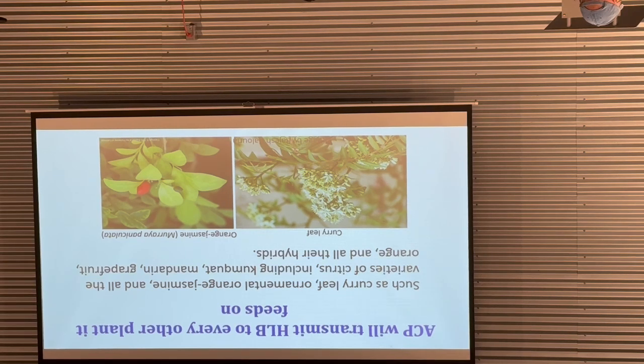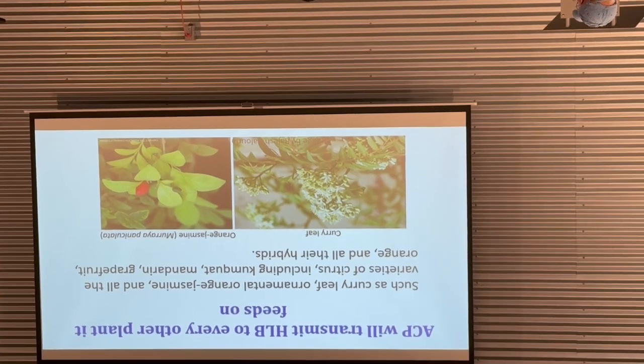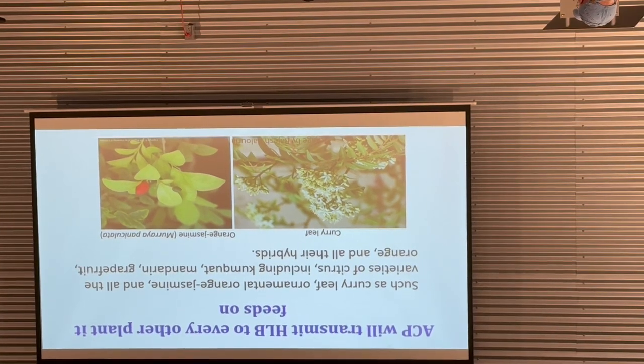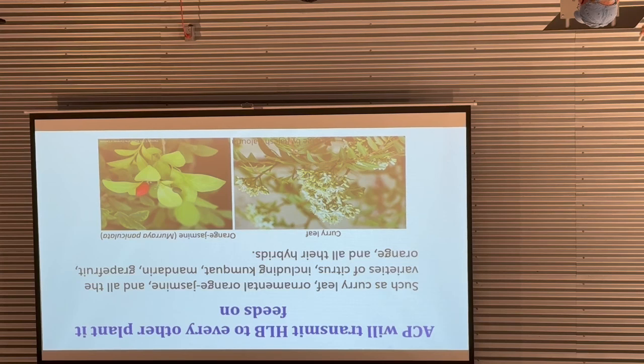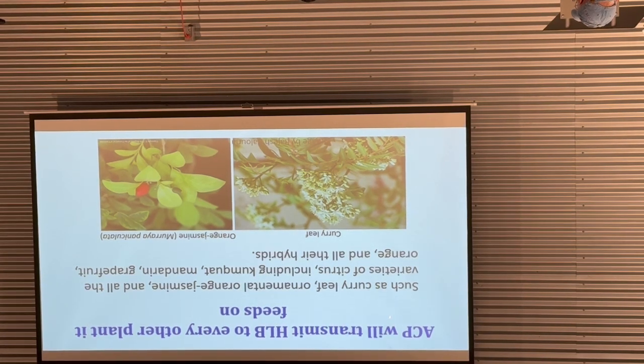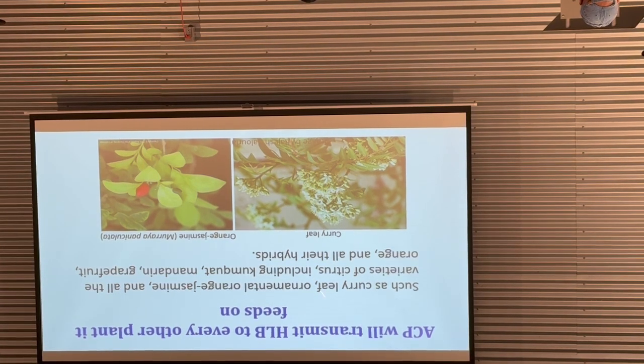For citrus greening, the pathogen can infect plants not only in citrus. Basically, all the trees that the Asian citrus psyllid can feed on can be infected by the bacteria, including almost all varieties of citrus: kumquats, mandarin, grapefruit, orange, and their hybrids.